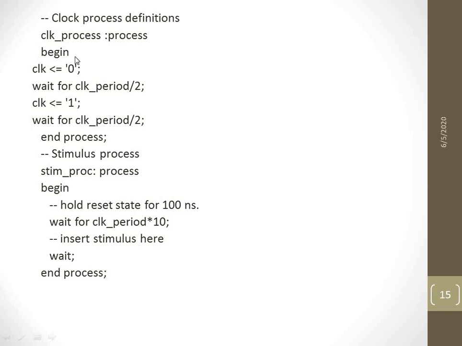One clock cycle has a period of 60 nanoseconds, but here I am asking it to wait for clock period into 10, that means 600 nanoseconds. So within the 600 nanoseconds 10 clock cycles will be generated. So in the 10 clock cycles, my counter will start counting and will be showing me the counting sequence. And finally, lastly, I asked to wait and end the process. So here no other input stimulus is generated.